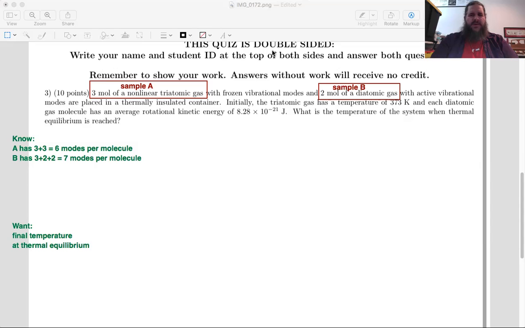I don't think we need to worry too much about state here, at least not phase change. Or what do you mean by state here? Well, the phase is not changing, I don't think, because it specifically tells us that these are both gases.